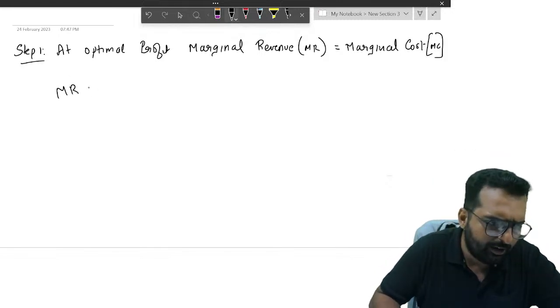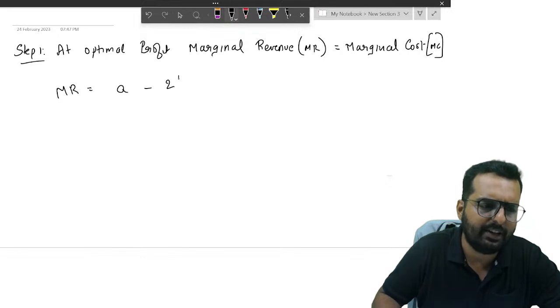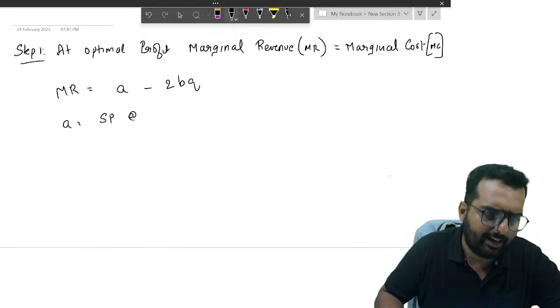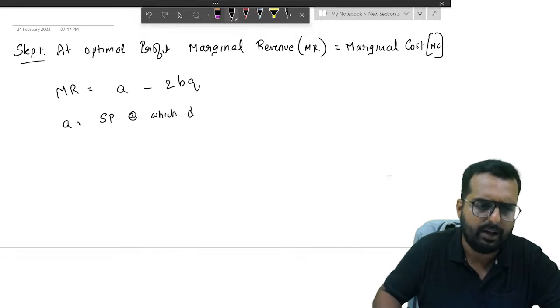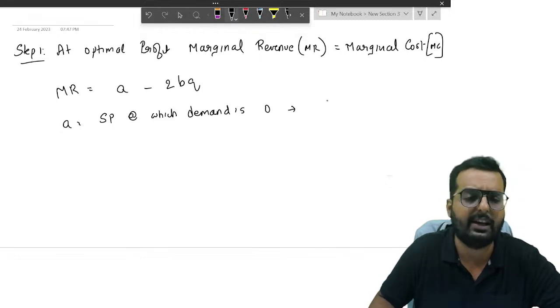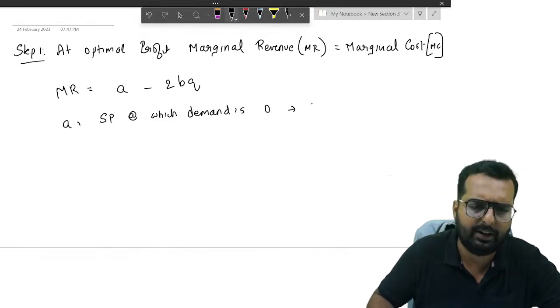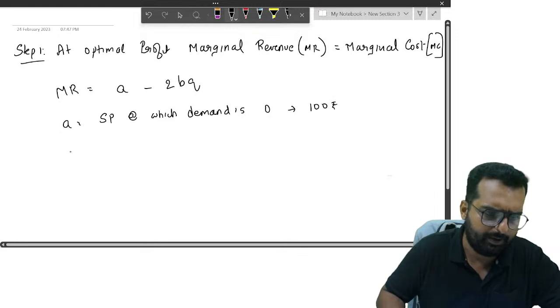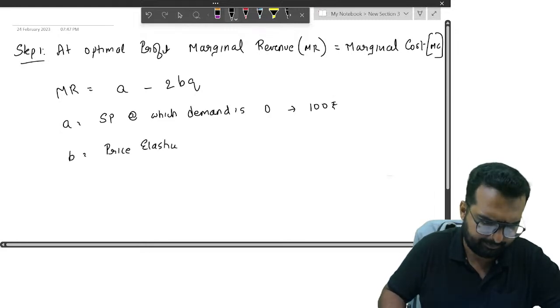For marginal revenue, they have a formula which is A minus 2BQ, where A is the selling price at which your demand is 0. We have already found out this, friends. Can you tell me at what selling price our demand is 0? 100 rupees, correct? B is what you call it as price elasticity.